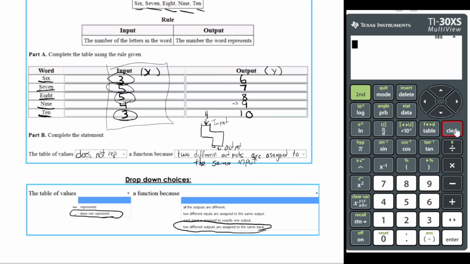It's going to be 9, right? That works. However, if I put in 3 into the function machine, we don't know if it's going to come out with 6 or 10. So the machine breaks. The function machine doesn't work. So it's not a function. It does not represent a function because there are two different outputs, 6 and 10, for the same input, 3.